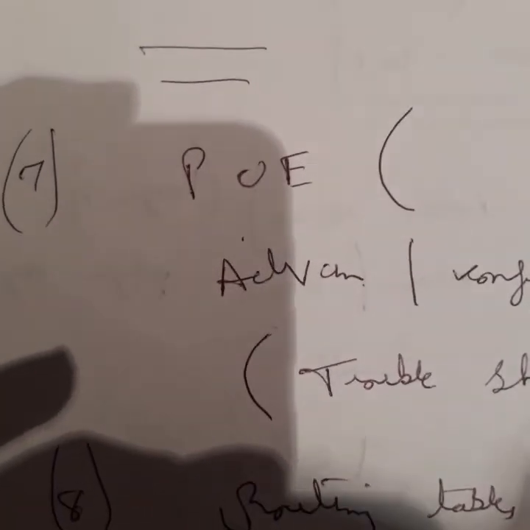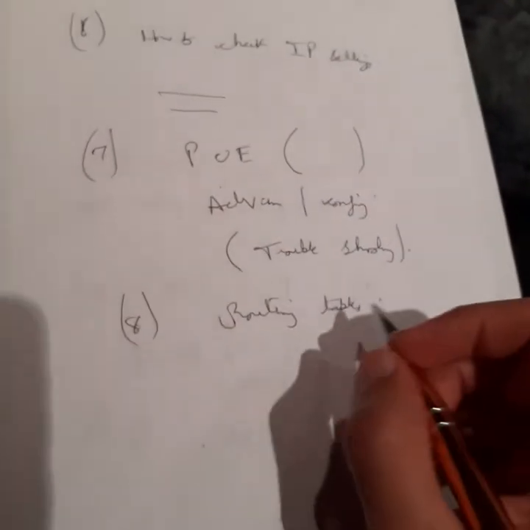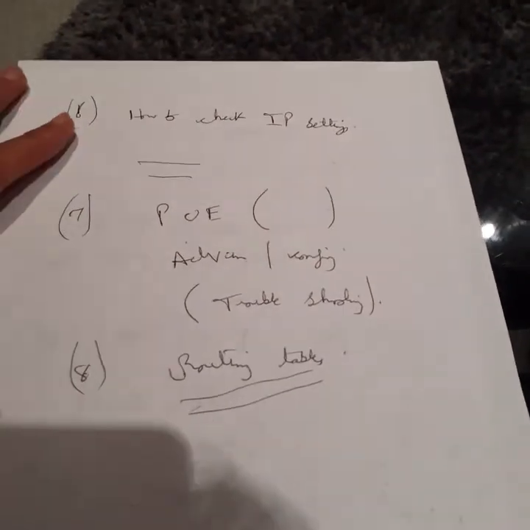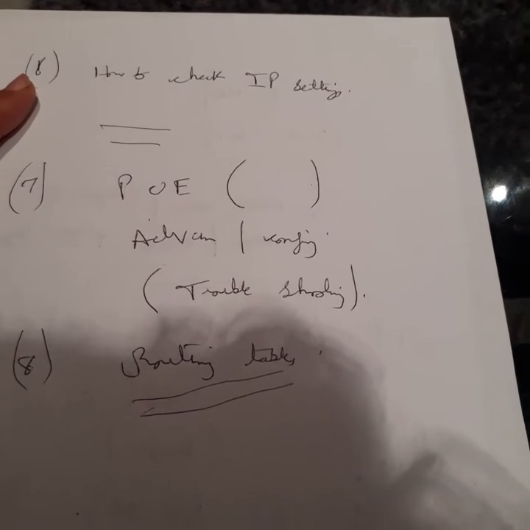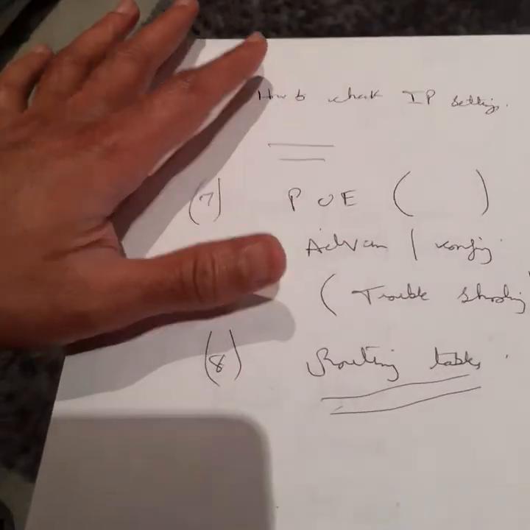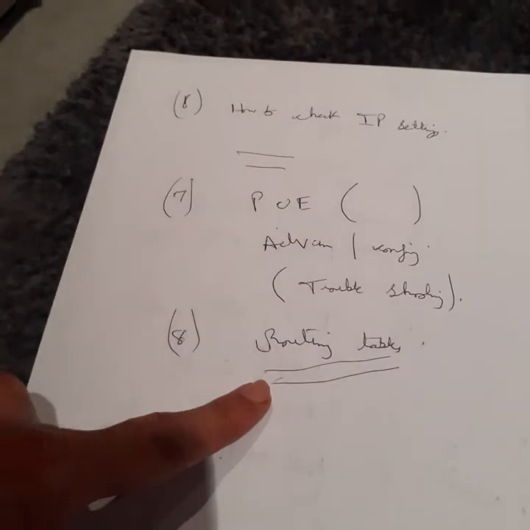A routing table in itself is a big topic. So knowing about routing tables and how they interact in Windows, Linux, etc., is very important. So routing table is another topic.